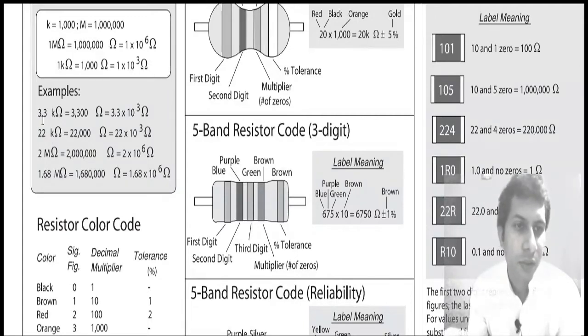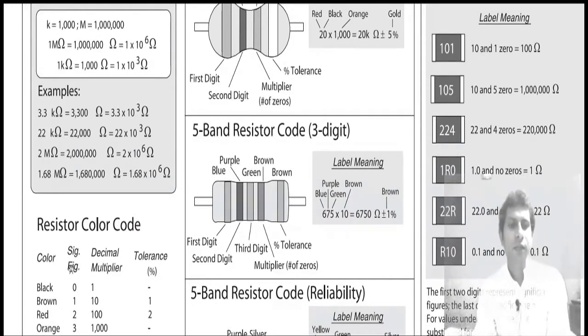For example, 3.3 kilo ohm, we can write by multiplying 3.3 with 1000, then it is 3300 ohms or 3.3 into 10 raised to power 3 ohm. And likewise for mega ohms.